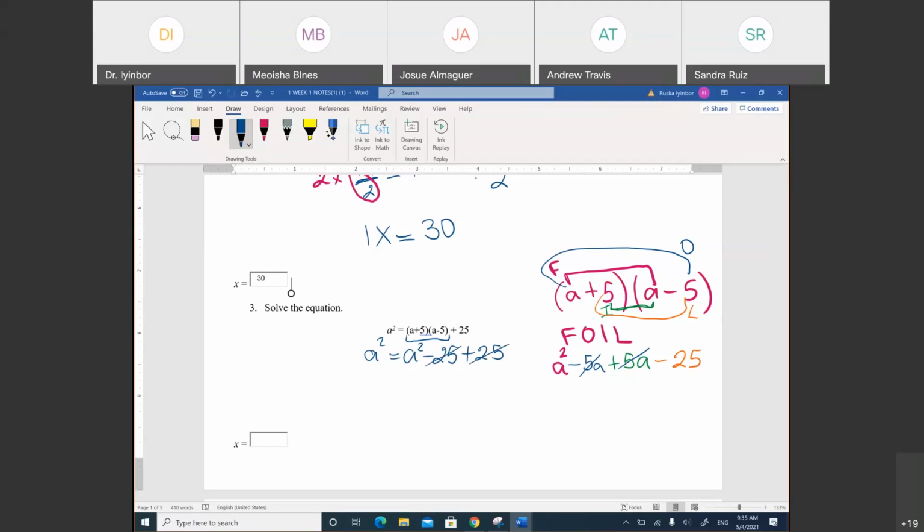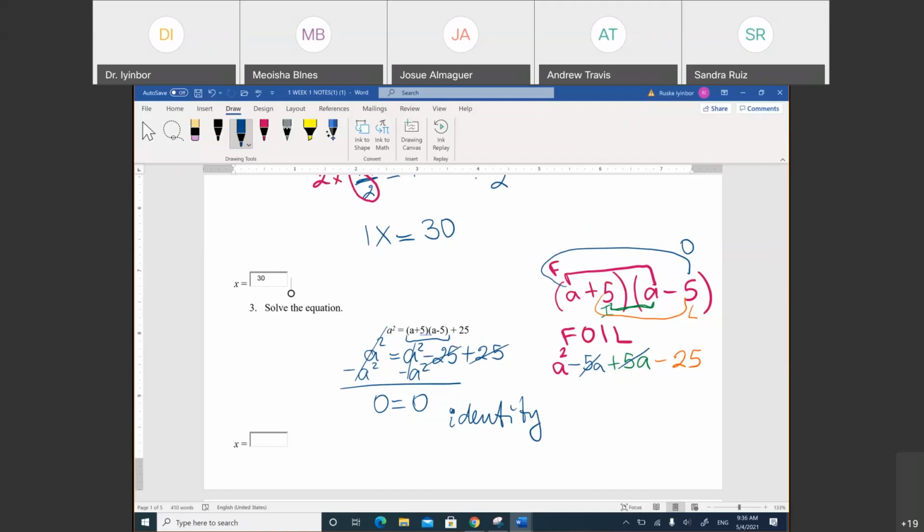So I'm going to subtract a squared from both sides to move it together to the same side. So everything cancels out, and we get 0 equals 0, right? Correct. So when you get 0 equals 0, what does that mean? Identity. The equation is an identity. And here we're not going to write x equals identity, because identity, conditional, and contradiction are the types of equation.